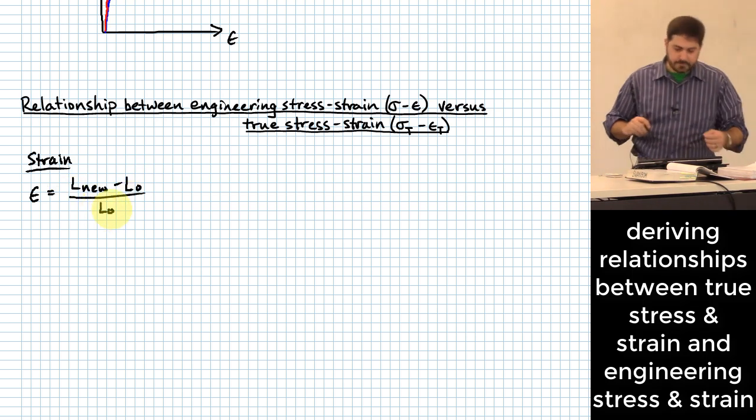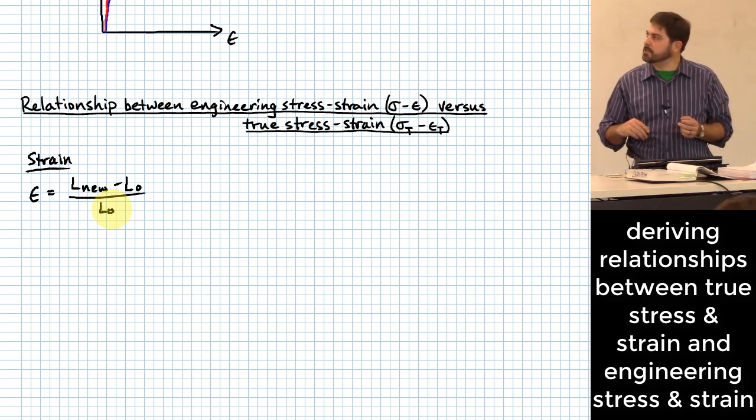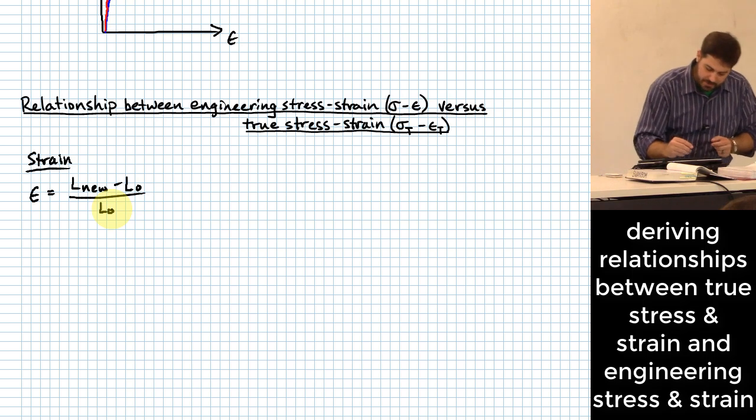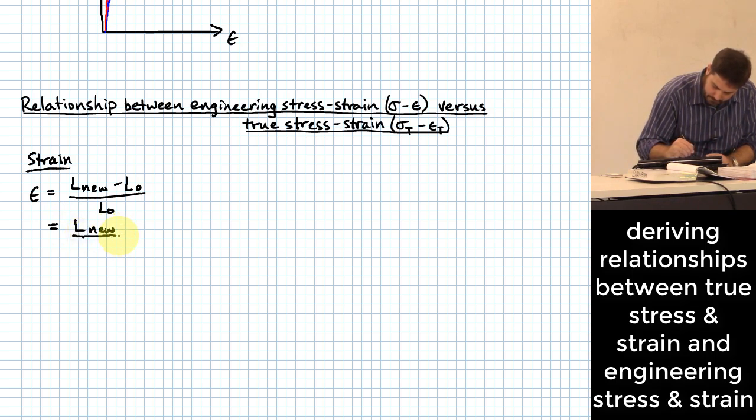Original length. Let me manipulate this around a little bit. You'll notice here that I could divide L new by L0 and L0 by L0. So this ends up being L new over L0 minus 1.